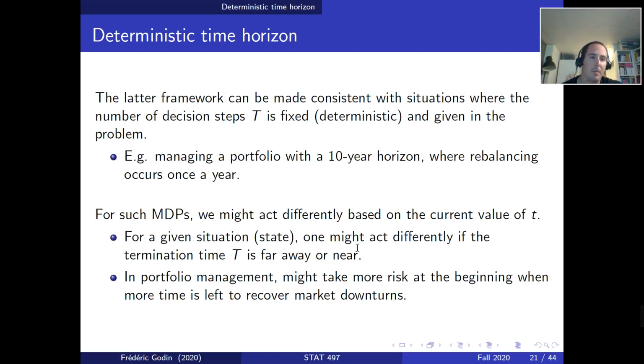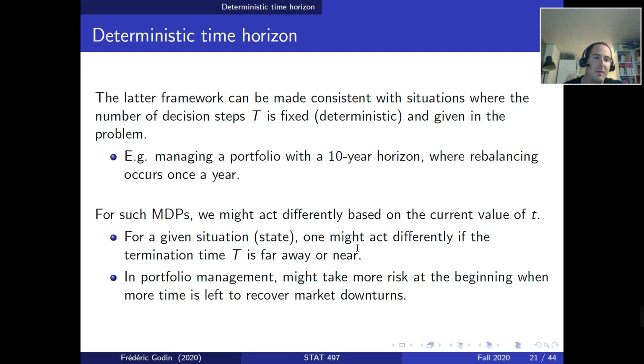For example, if you're a portfolio manager, sometimes you want to manage your portfolio with an investment horizon of 10 years, where you adjust your portfolio every year. In that case, capital T should not be random. It should be exactly 10 periods. So this looks like a distinct case from what we've introduced earlier, where the arrival time capital T was random. But we're going to see that it's quite simple to reconcile both cases.